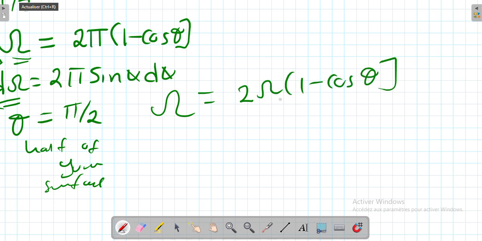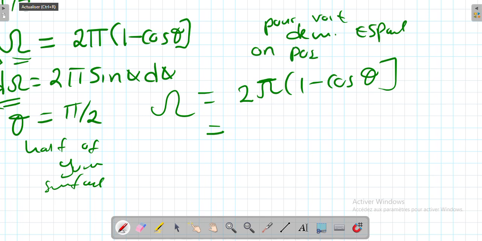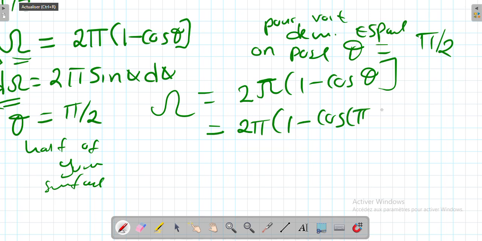In some books, you just find they've given you this formula directly, without deriving it. Then, to see the half-space, we pose theta equals pi over 2. Therefore, we're going to have omega equals 2 pi (1 minus cos pi over 2).